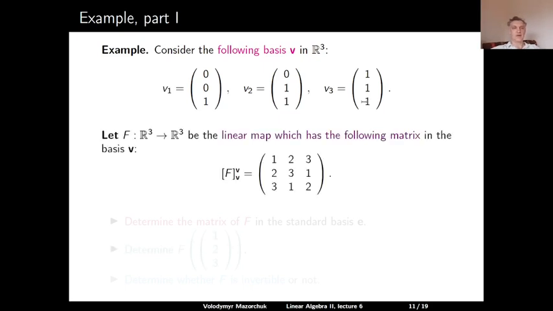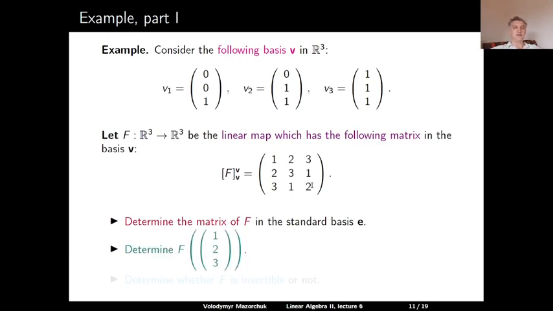Let f from R3 to R3 be a linear map whose matrix with respect to the basis V, since we have the same vector space as origin and target and only one basis, is the matrix with rows (1, 2, 3), (2, 3, 1), (3, 1, 2). So we need to determine the matrix of f in the standard basis E.